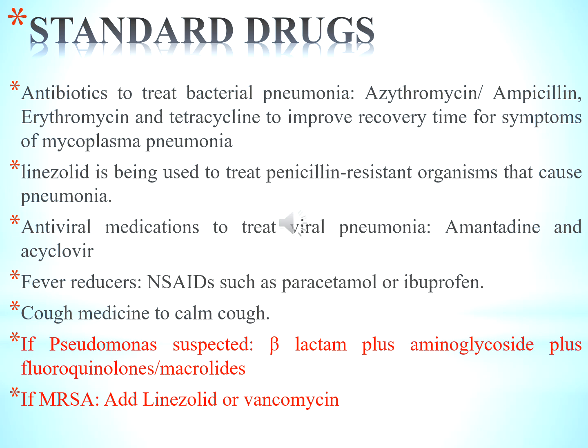The NSAIDs such as paracetamol and ibuprofen can be used. Then cough medications are included for calming the cough. Then if pseudomonas species are suspected, a beta-lactam with an aminoglycoside and fluoroquinolones or macrolides can be included. And if methicillin resistant Staphylococcus aureus is isolated, then add linezolid or vancomycin to the therapy.